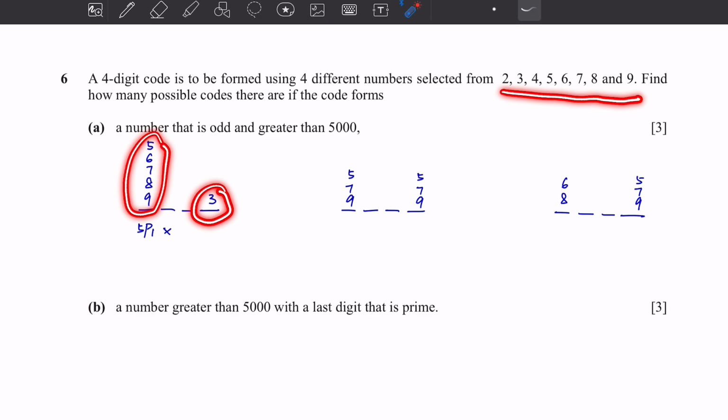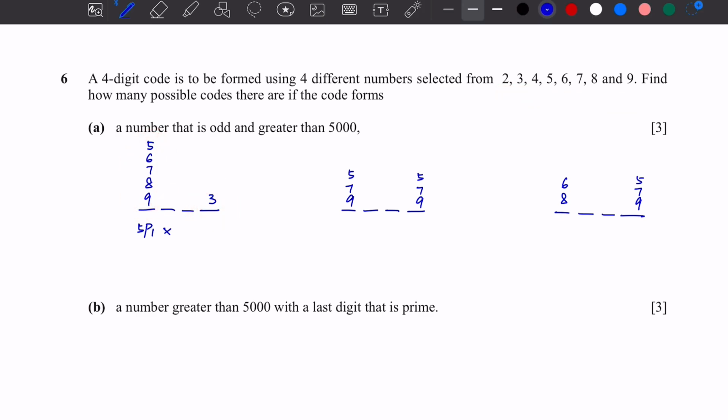So in total, we have 8 numbers. Since we already used 2 of our numbers, we have 6 numbers left. And we need to choose it for 2 slots. So 6P2 would be the first situation. And this gives us 150.